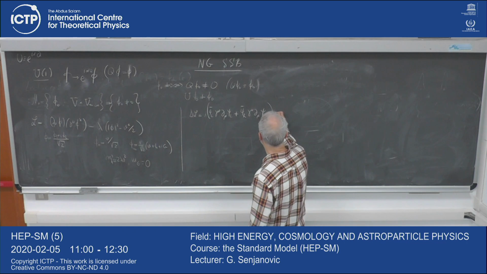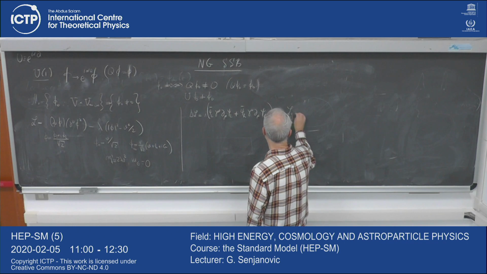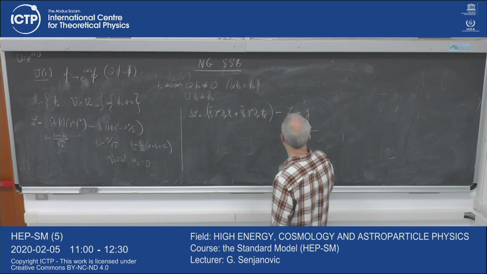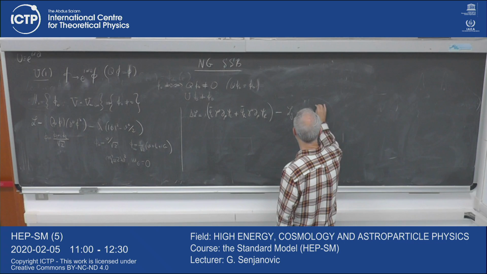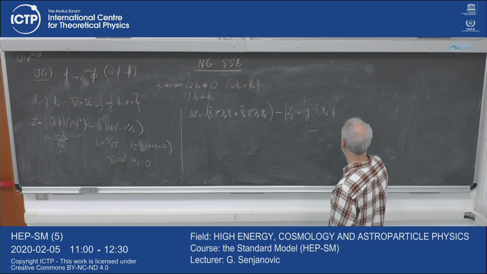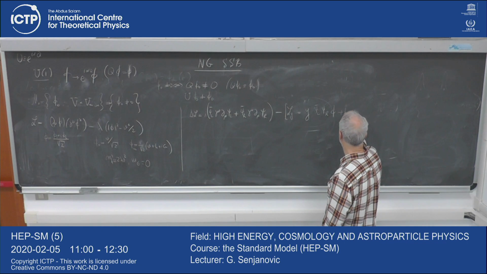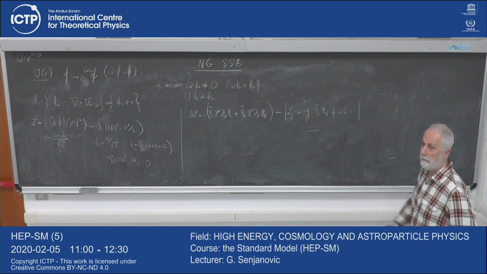And then we said there will be a Yukawa coupling, a Yukawa Lagrangian, I call it, which was Yukawa coupling times psi L bar, psi R, phi, plus Hermitian conjugate. And what did I find out?